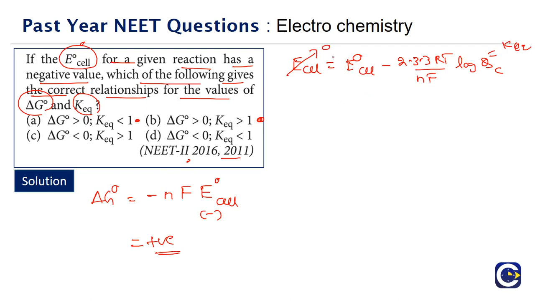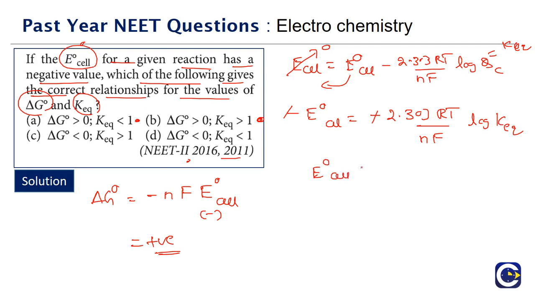So if you bring it to the LHS, minus E0 cell is equal to minus 2.303 RT by nF log equilibrium constant. So minus minus is cancelled. So E0 cell into nF by 2.303 RT. So everything we will bring to the left hand side.